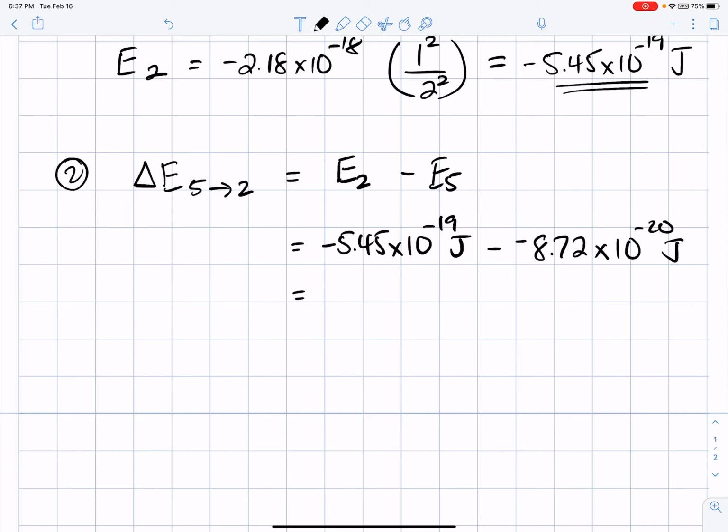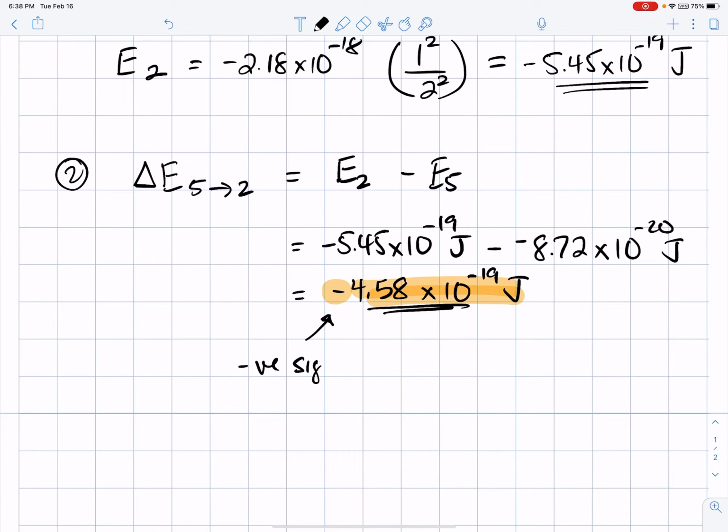So the change in energy is negative 4.58 times 10 to the negative 19 joules. There's the change in energy as the electron fell from the higher level to the lower level. The reason we're getting a negative value for the change in energy is because energy is lost. So a negative sign for delta E, this is only true for delta E, means that energy is lost.